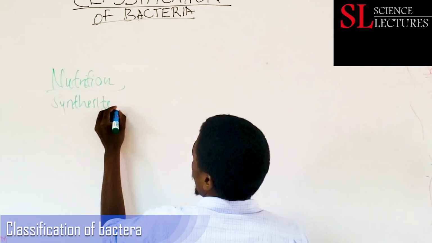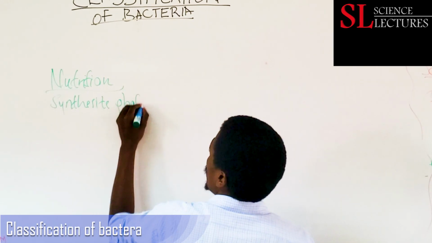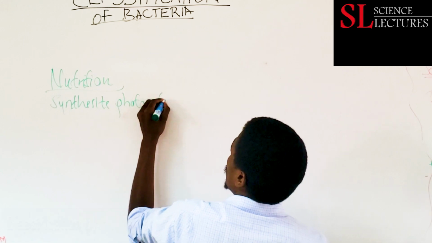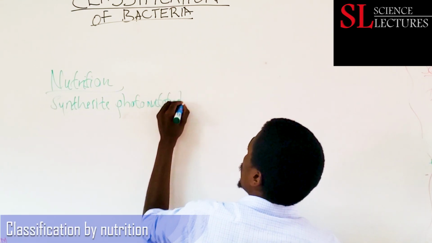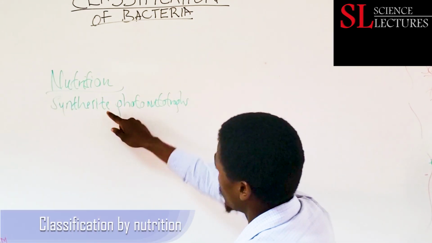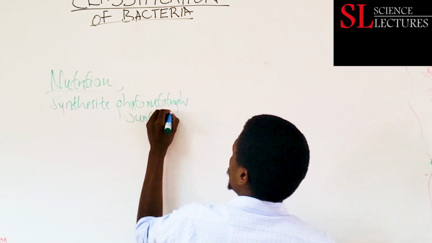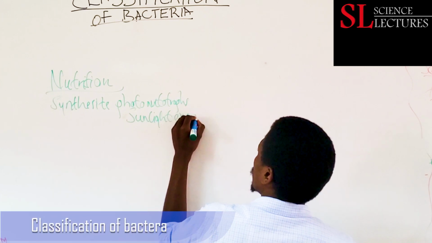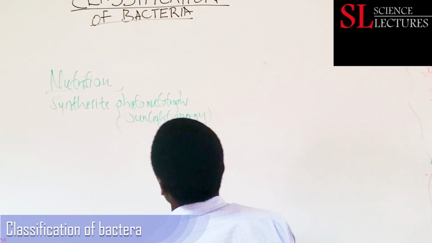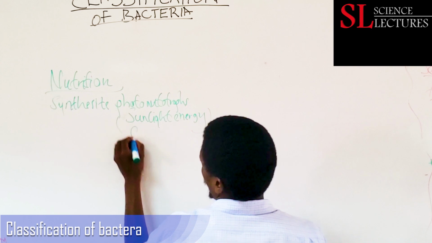and such bacteria are referred to as autotrophs. So these autotrophs utilize sunlight energy, and they will later synthesize their own food. For example, cyanobacteria.